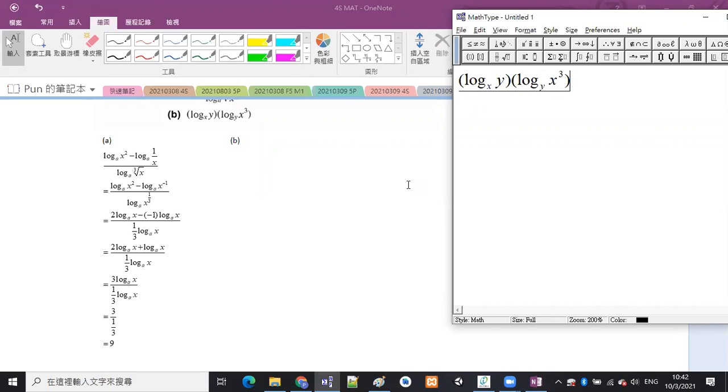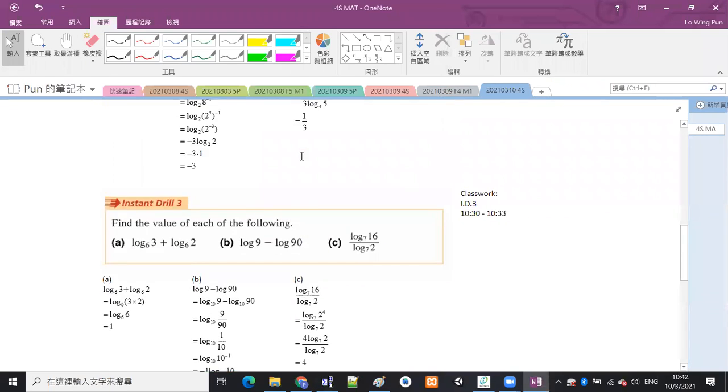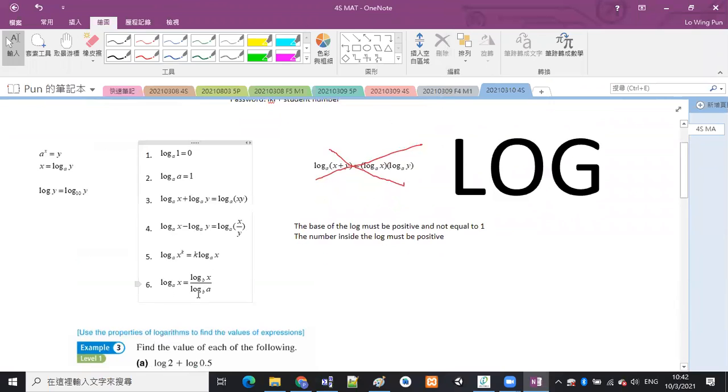in this question, so we need to use the base changing formula to change one of the base to be the other.